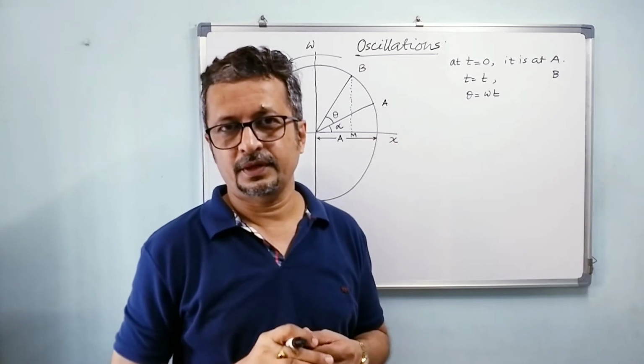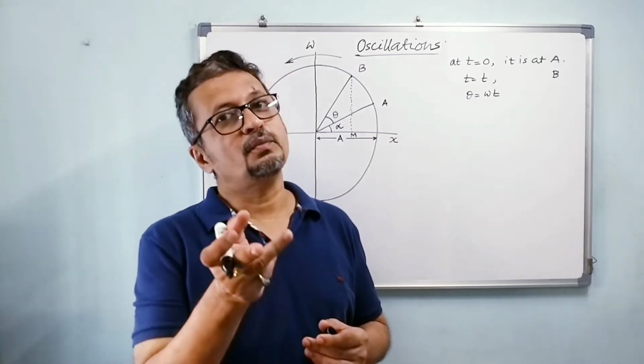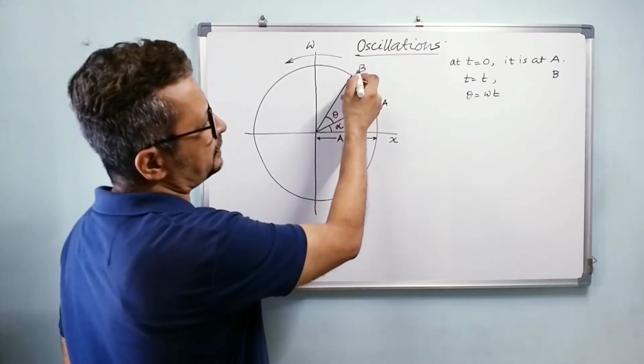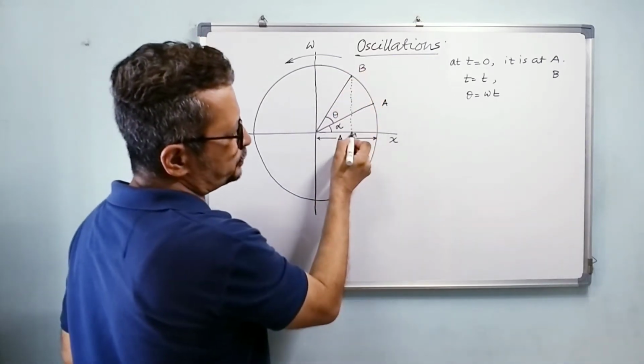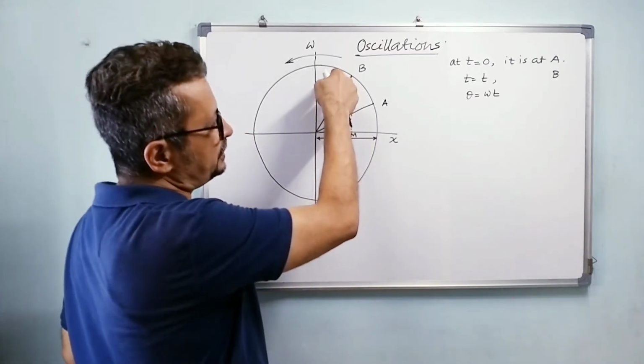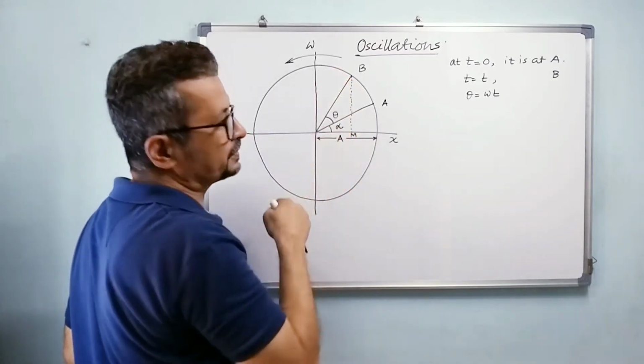Now what happens? The particle is moving along the circumference of the circle. Then this particle is at B, and the projection is at M. When it moves to this position, the projection will come here.